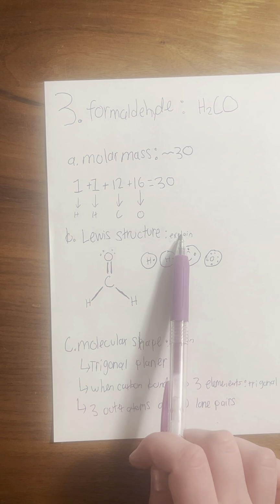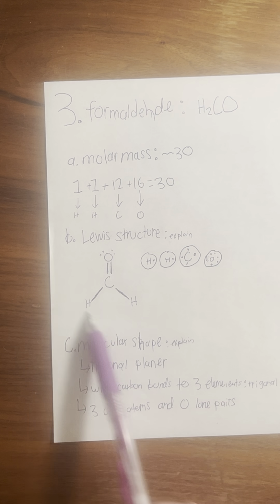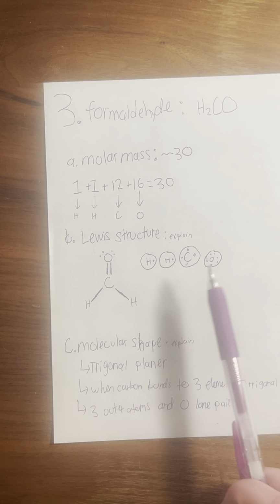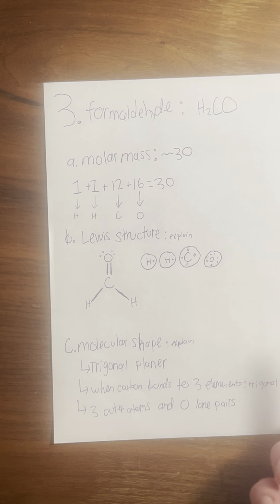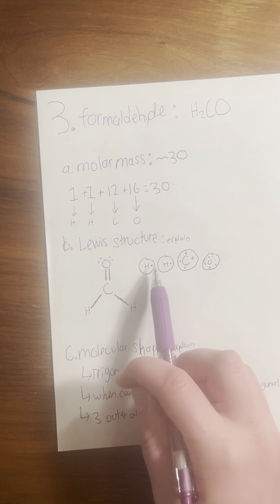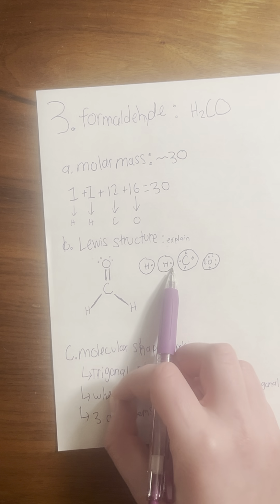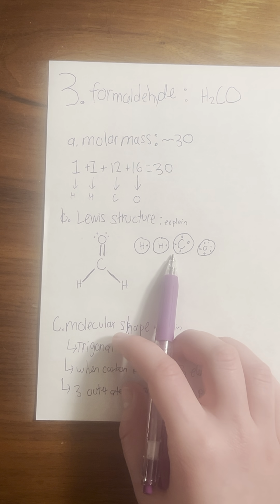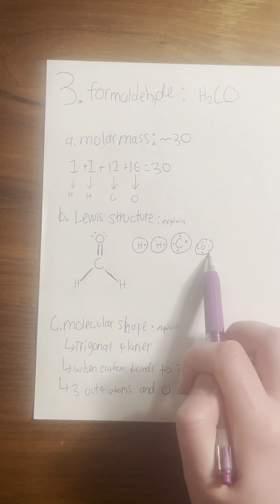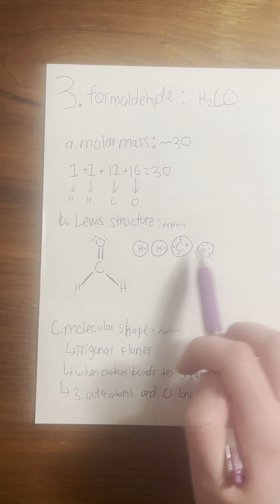And then the Lewis structure looks like this. The reason it looks like this is because we have 1 valence electron with H, 1 with the other H, 4 with C, and then we have 2 lone pairs with O and 2 ones that can pair up.